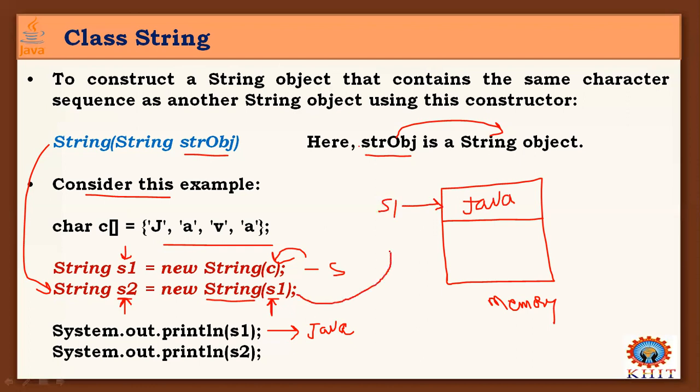Now by this step here, S2 is also another object reference to this string created, Java. Okay, so S2 displays the same Java, and it doesn't have any other specific memory for this, and it simply refers to the existing string called Java.